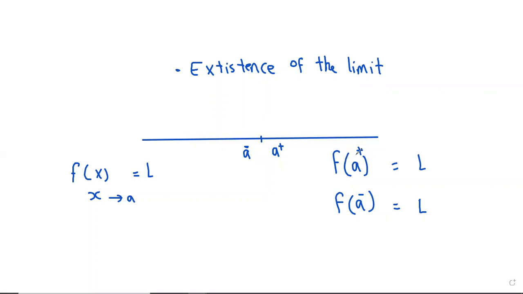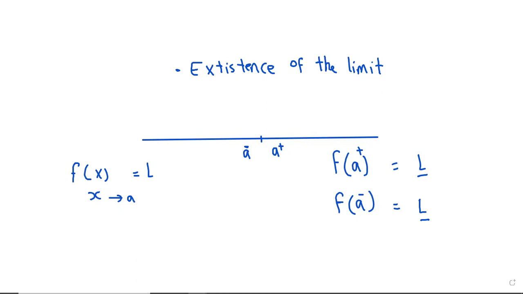If the function from the right, f of a positive, is the same as f of a from the left, f of a negative, if each one of them equals, let's say, L, so the limit exists, and f of x approaches L when x tends to a.